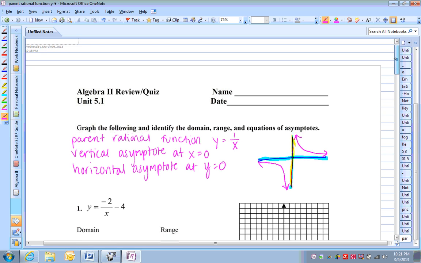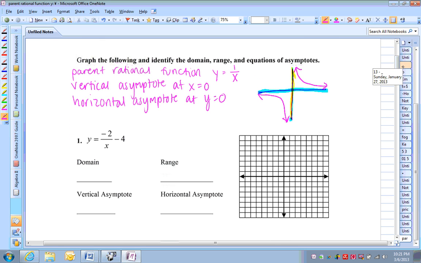When we begin to graph these and state the domain, range, vertical asymptote and horizontal asymptote, we have to figure out the shifts that happen. Here, this -4 in the back tells me I'm going to shift my horizontal asymptote down 4 units.